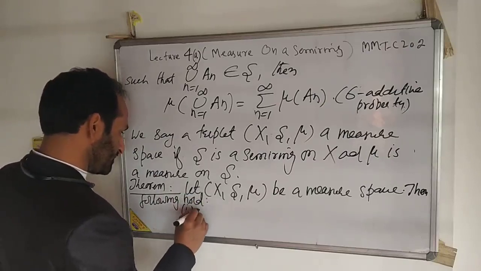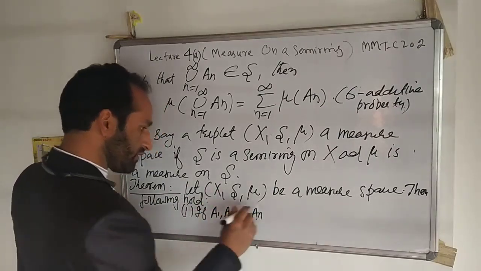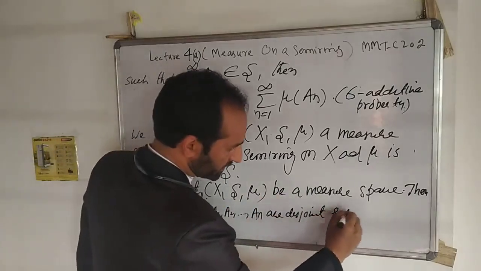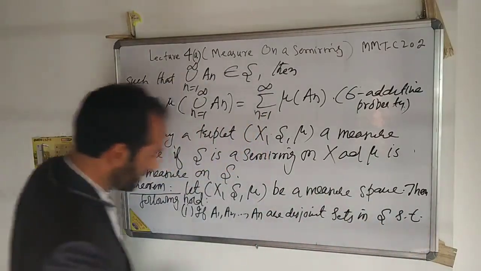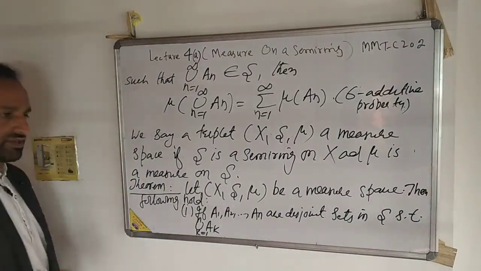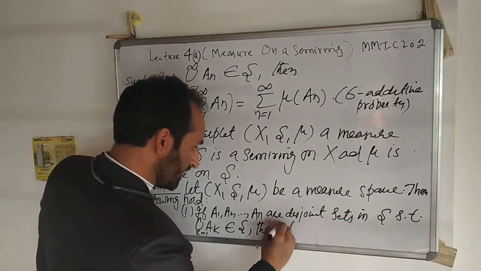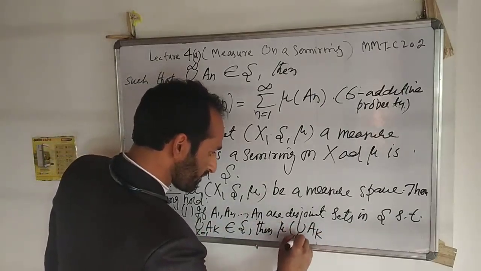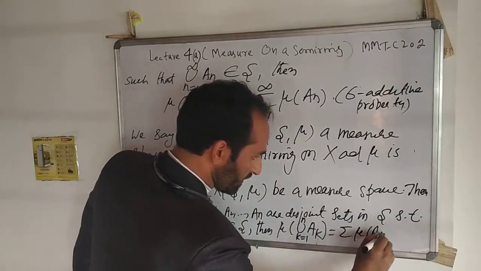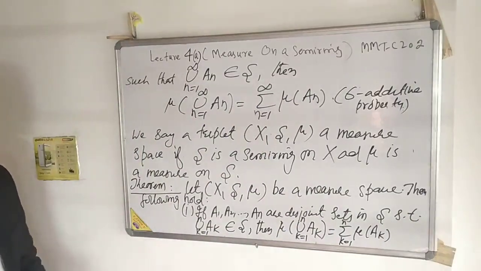First property: if A1, A2 up to AN are disjoint sets in S such that the union of these members, there are finitely many, also belongs to S, then mu of that finite disjoint union is equal to the summation of mu of A_k, k runs from 1 to n. So that's the first property of a measure space.